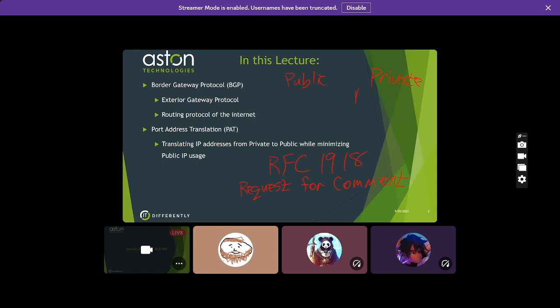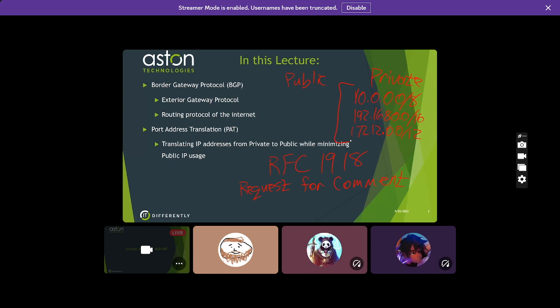So RFC 1918 broke the IPv4 address space into 2 groups, public and private. The private space is the 10 network, the 192.168 network, and I think it's 172.12. Is this the classes? The A, B? No, this is not that. These are just classical private networking. These 3 ranges are reserved.